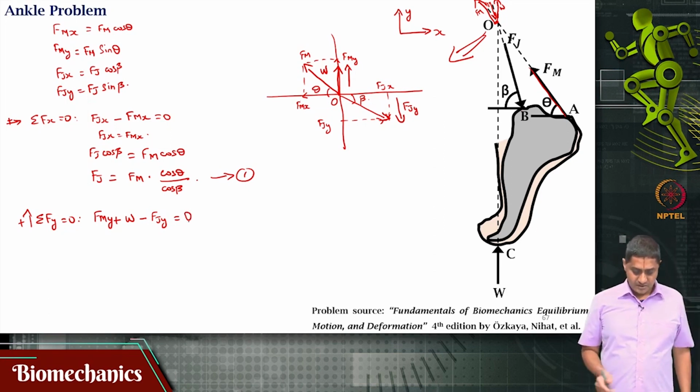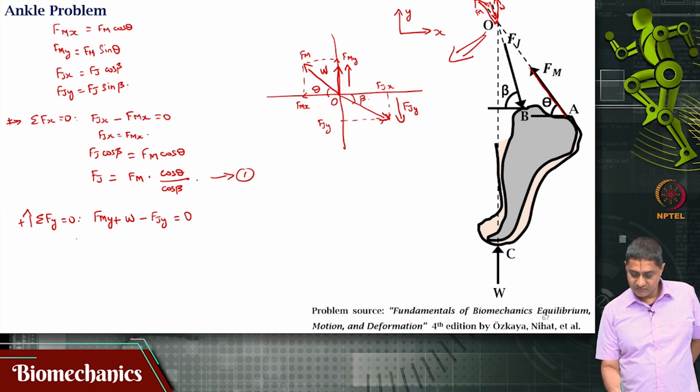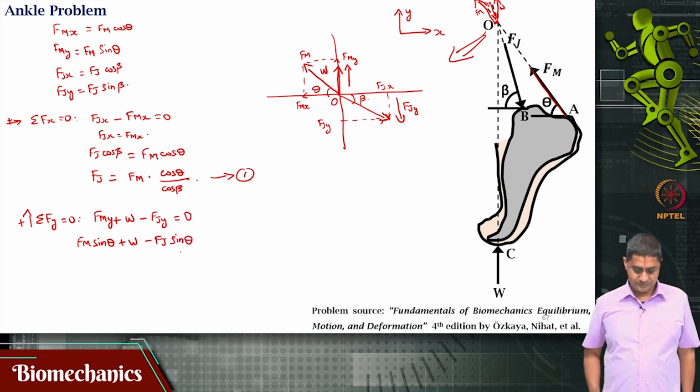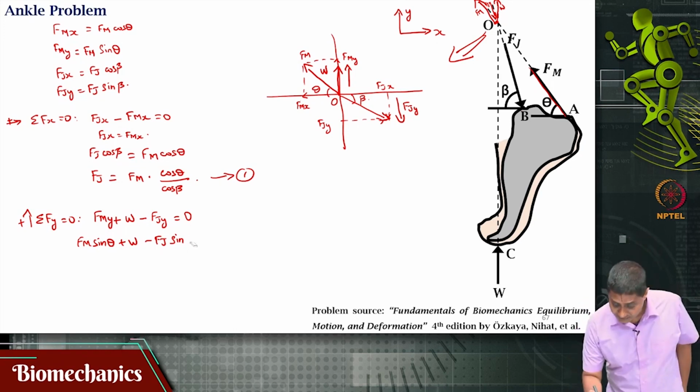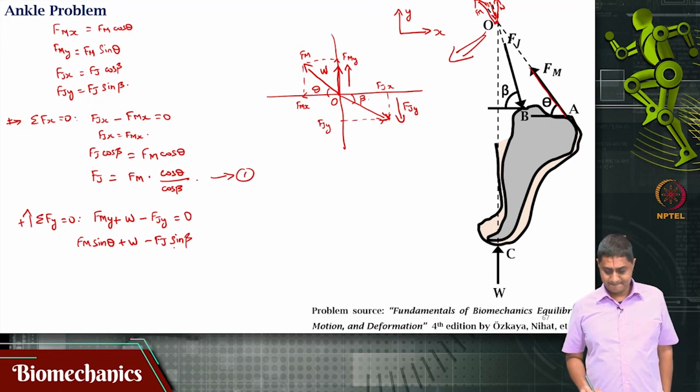Okay. Now, I can write out Fmy and Fjy. Fmy is Fm sin theta plus W minus Fj sin beta.